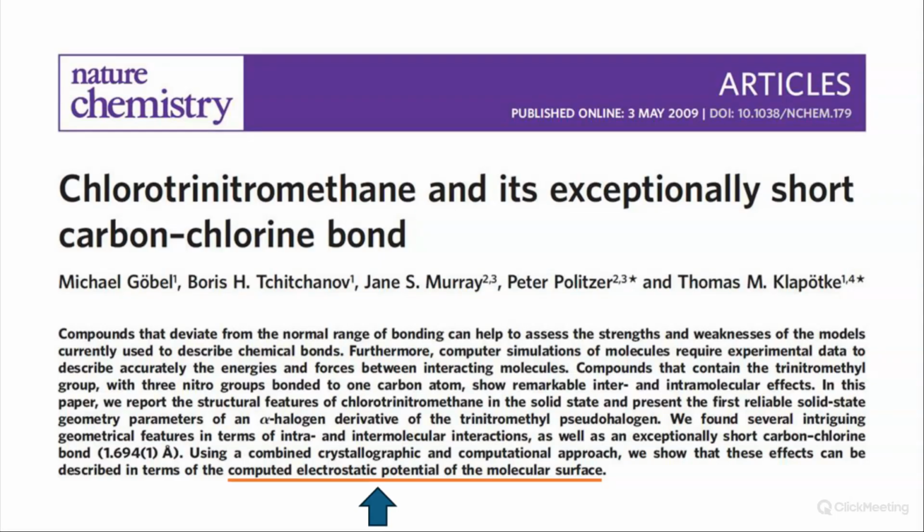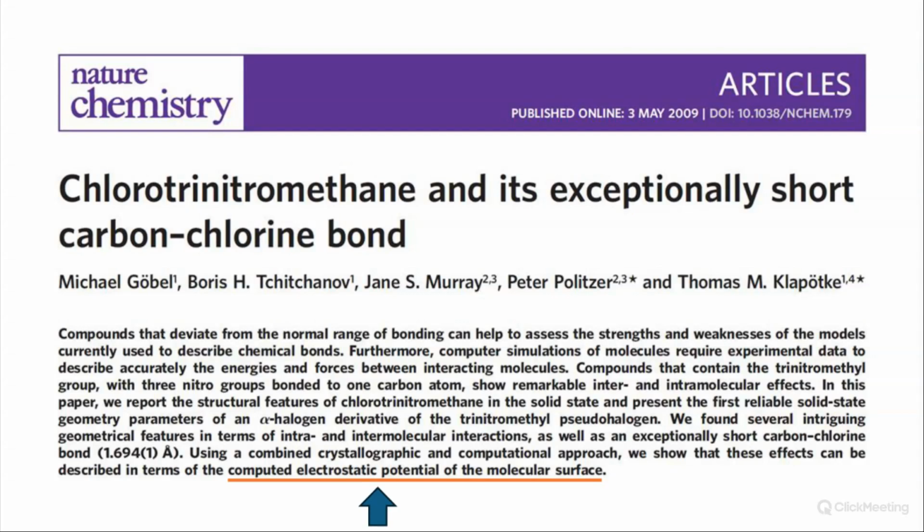Michael Goebel was a graduate student of Professor Klapötke, and he came running to us at a meeting in the Czech Republic in 2008, and he said, I didn't try to make this compound, but I did. And it has the shortest, and to this day the shortest, sp3 carbon-chlorine bond in the Cambridge database.